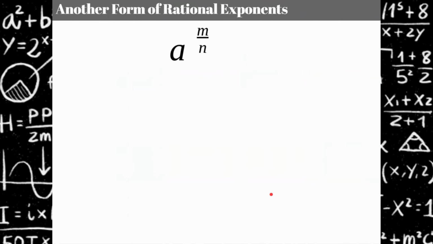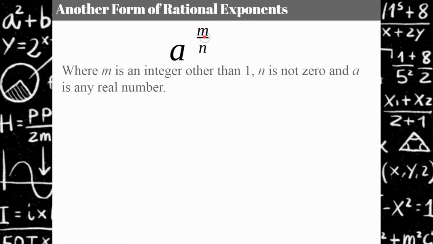Another form of rational exponents is a to the m over n, meaning m is something other than 1. So where m is an integer other than 1, n cannot be 0 because that's undefined, and a is any real number. We can say that this is a to the exponent 1 over n, power to a power, so times m.